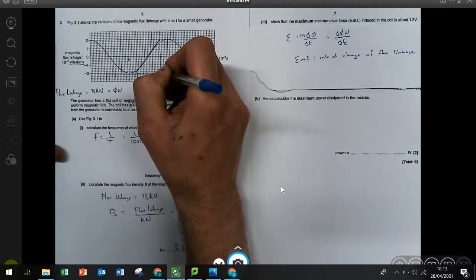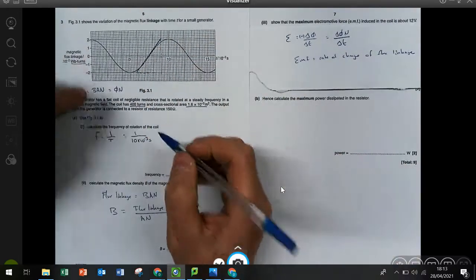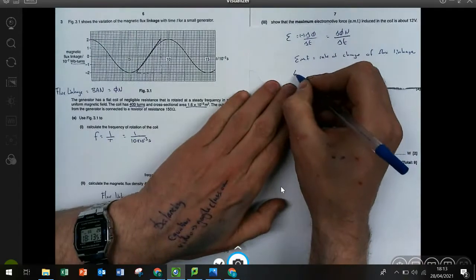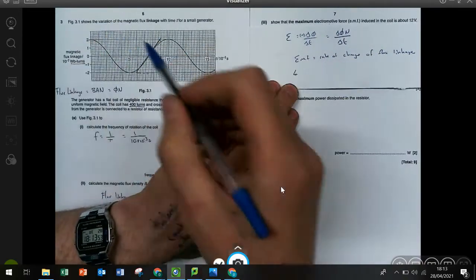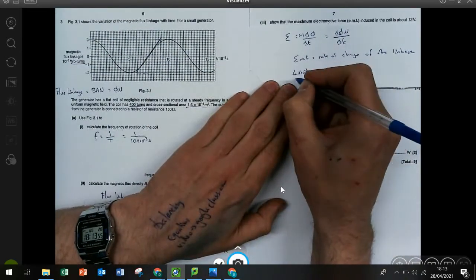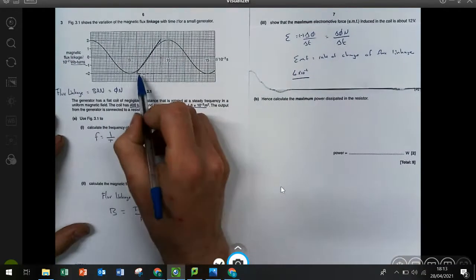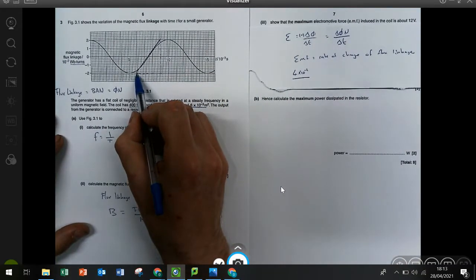I've obviously got a change here. I've made it nice and easy. I've got a change of 4 times 10 to the minus 2. And I'm going to divide that by the change in x.